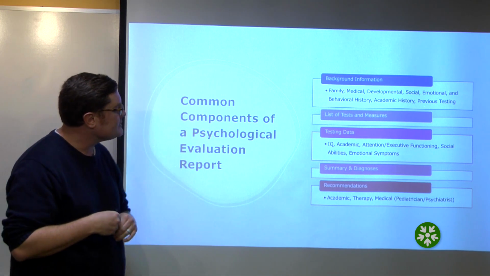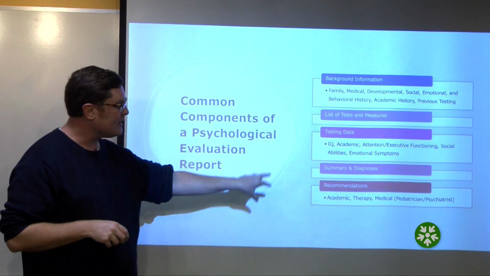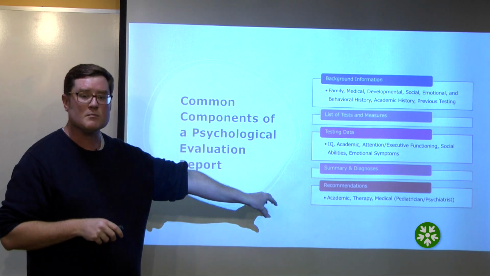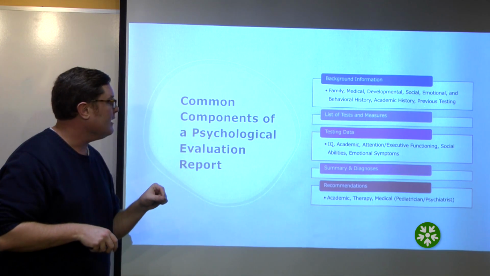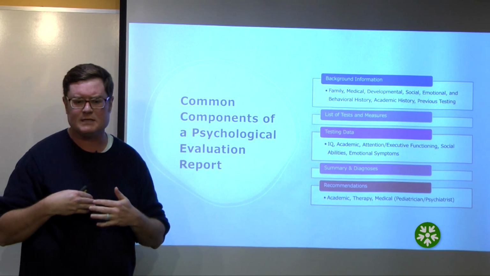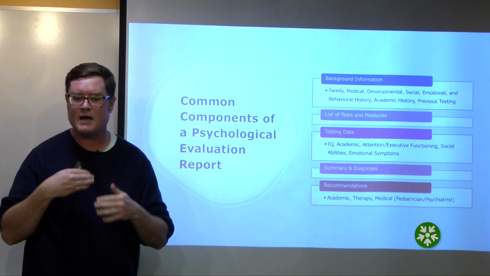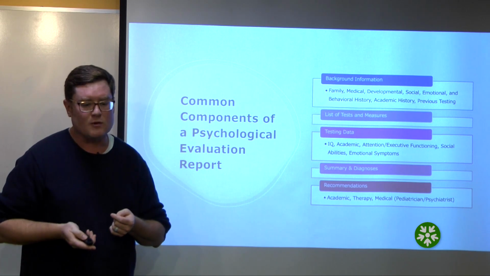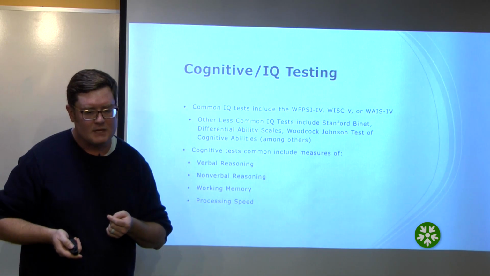I'm going to go into a lot more detail about these final three parts of the report in the next slide. So, especially this testing data section, I want to talk about what's in that section of the report and help you all understand more of the contents of it.